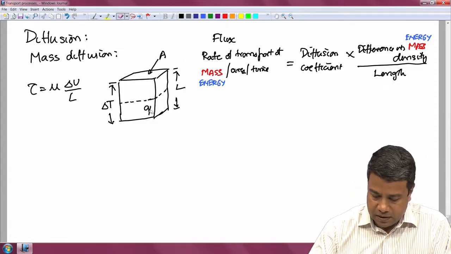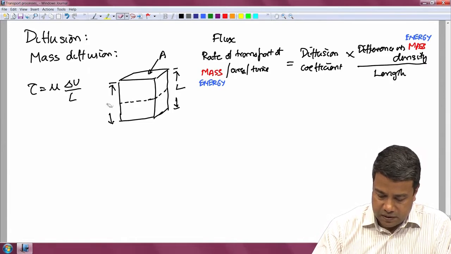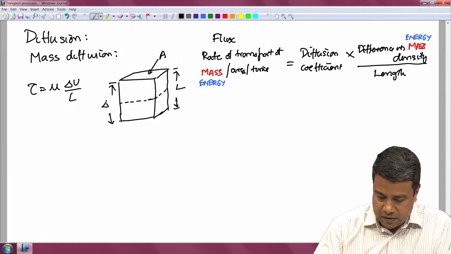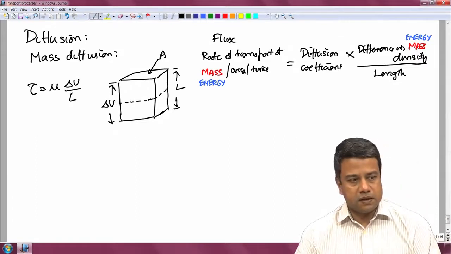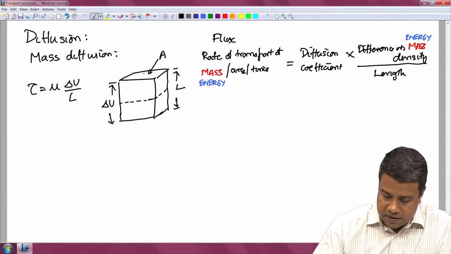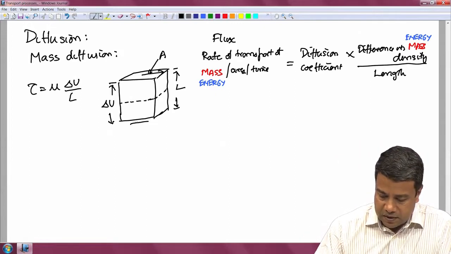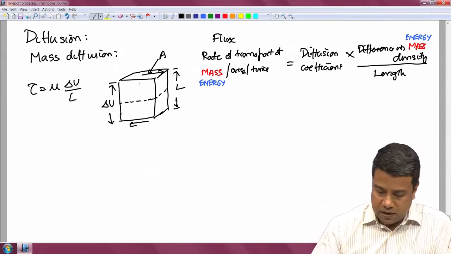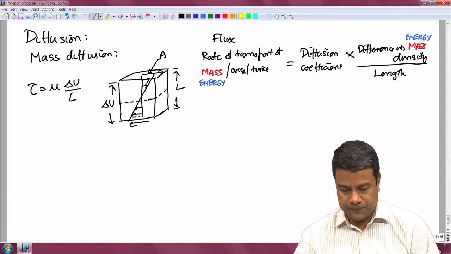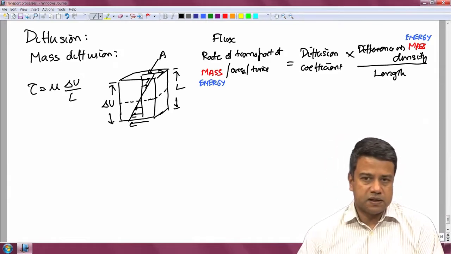Rather than a difference in temperature, I have a difference in the velocity. So, the top surface is moving at a different velocity than the bottom surface. And because of that, if I plot the velocity across, I will get a velocity difference across the surface. This is how the shear stress is written.